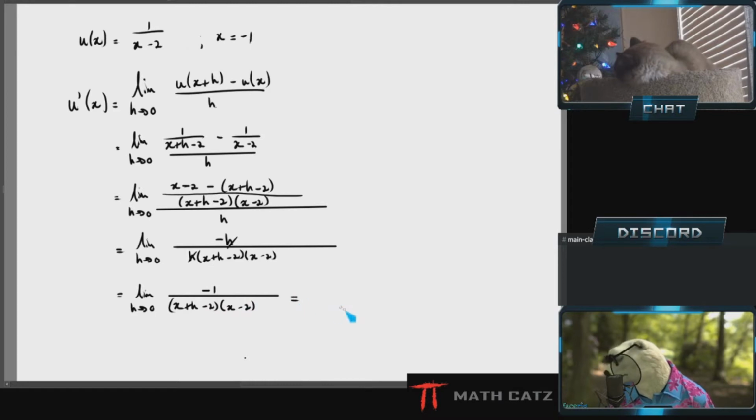Now, h goes to 0, and this rational function in h has no problem plugging in a 0. I get negative 1 over x minus 2 squared. So that is the derivative, which, because I have derivative properties as well at this stage, I can easily verify, yes, that is what it should be. But you have to show enough work to show how the limit definition gets you there.